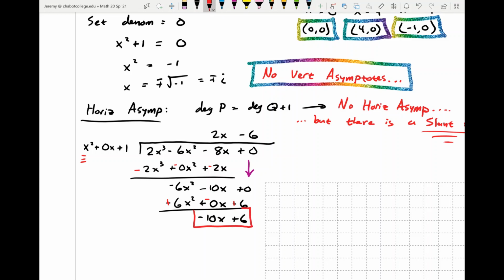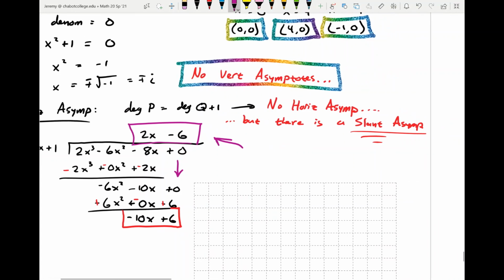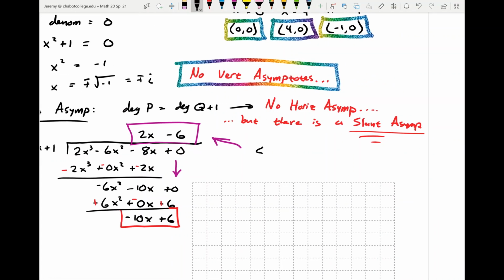But remember, I actually don't really care about the remainder too much because my slant asymptote is just going to be defined by this right here. Okay, so check it out. That is going to give me my slant asymptote, and it's just going to be y equals 2x minus 6. And I will put a box around that.